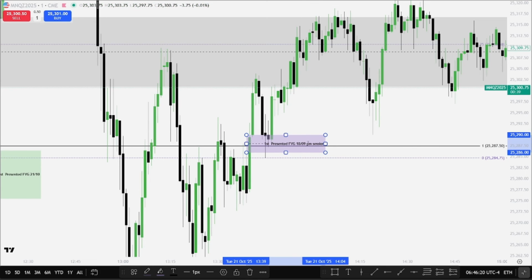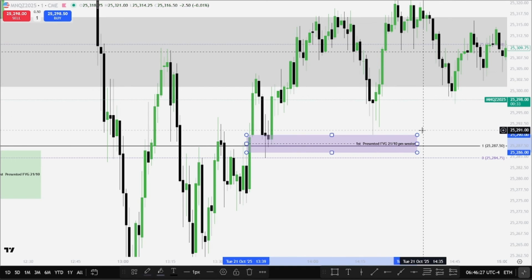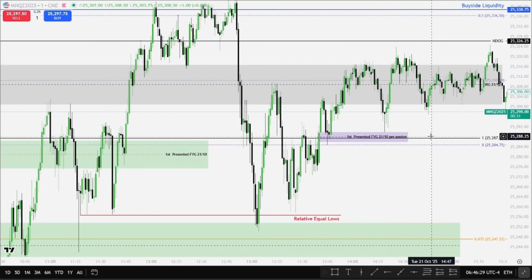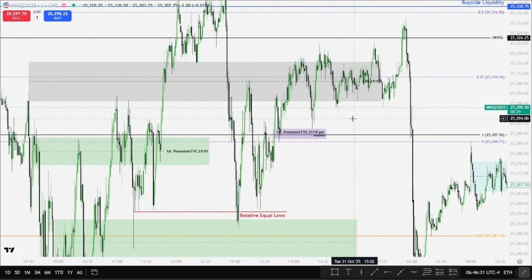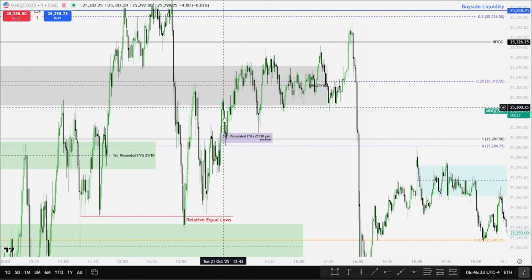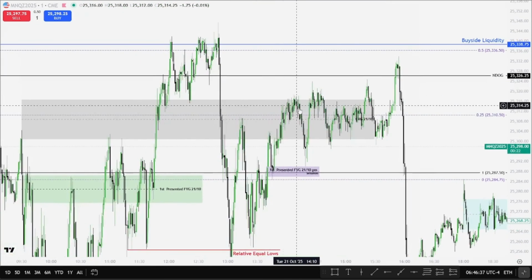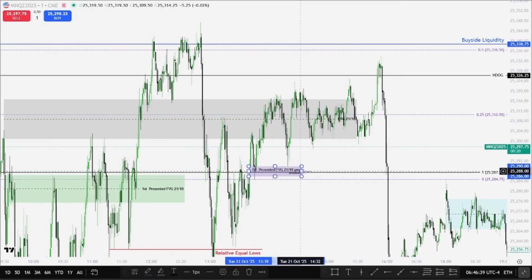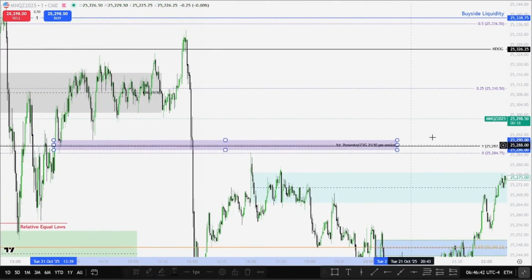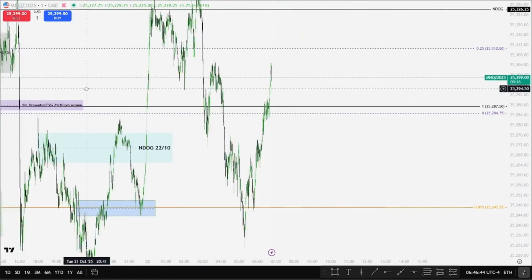The first presented fair value gap of the PM session. But it gives you nothing. It gives you some run, but no target, no nothing. Just small scalps. Very, very, very small scalps.